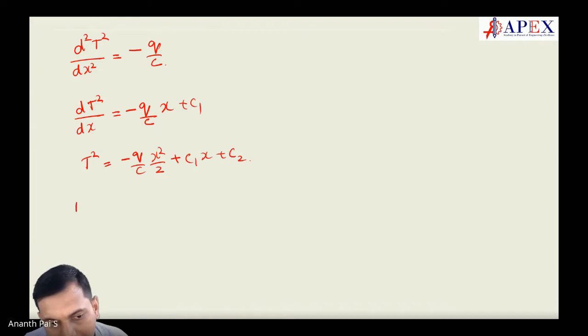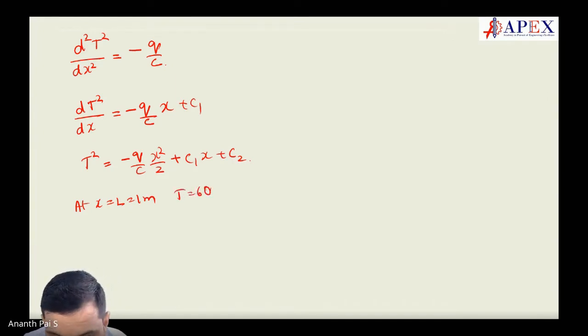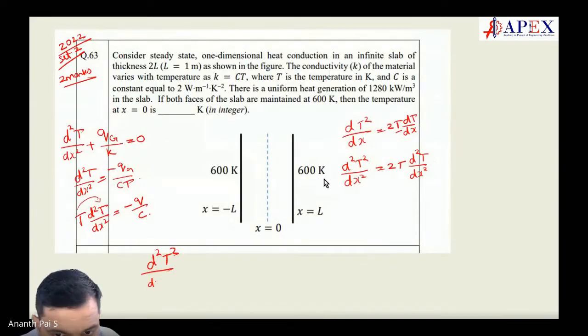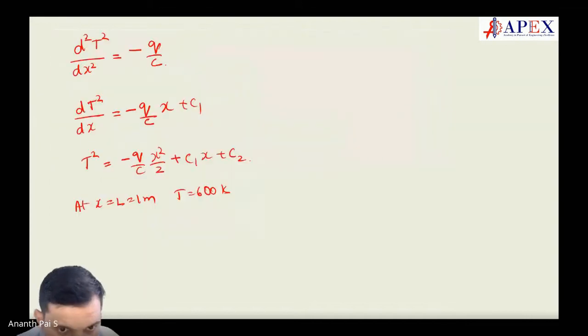Applying at x is equal to L, which is equal to 1 meter, T is equal to 600 Kelvin. Correct? It is given that it is 600 Kelvin. Yes or no? Okay, let me try it out.